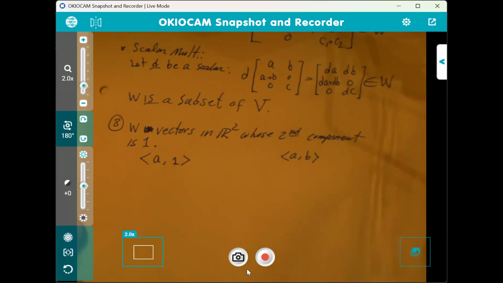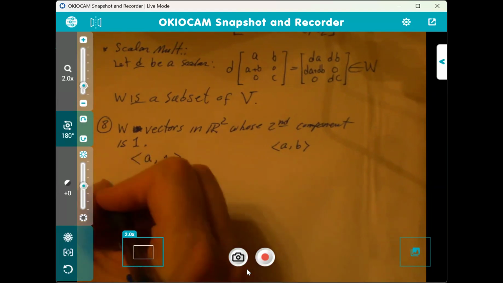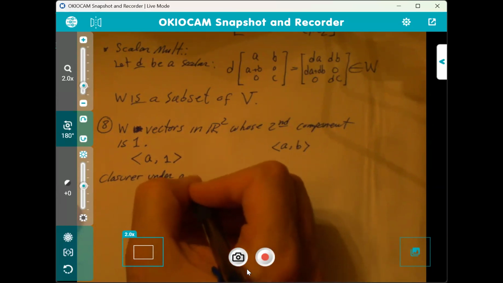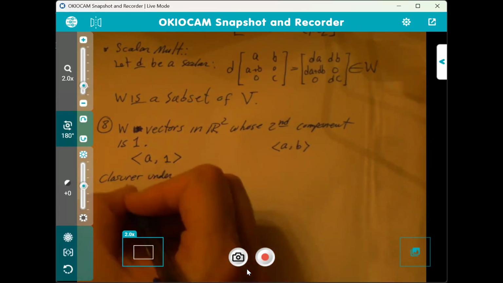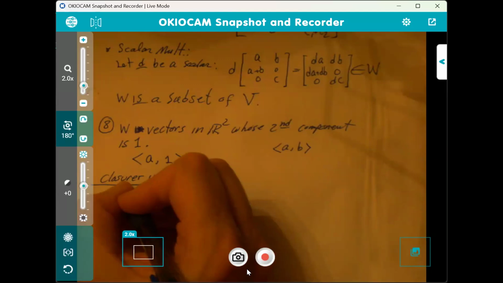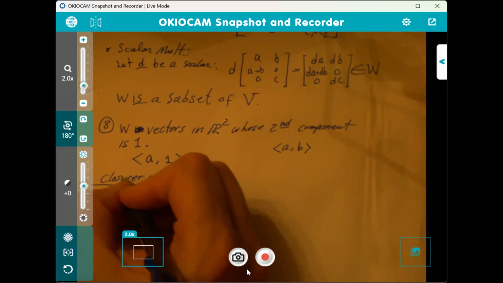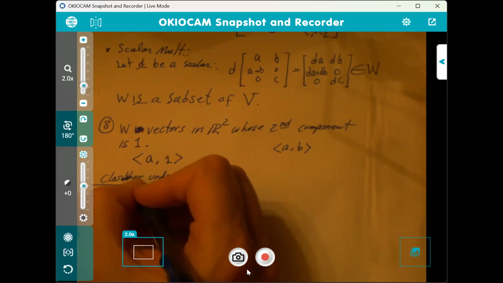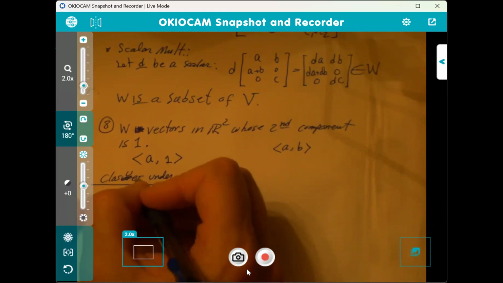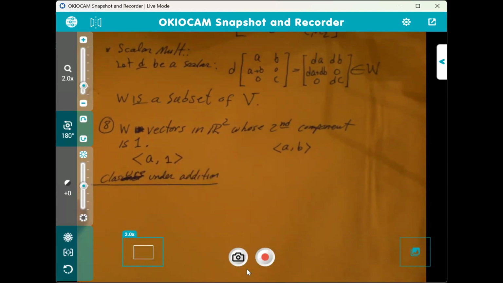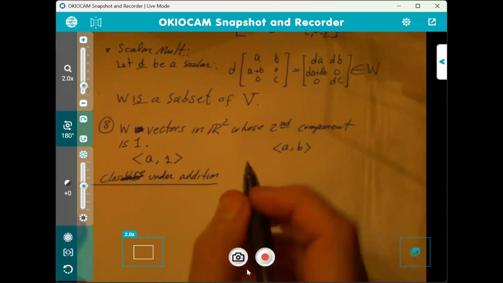Is it closed under addition or scalar multiplication? Let's look at closure under addition. What am I going to do?